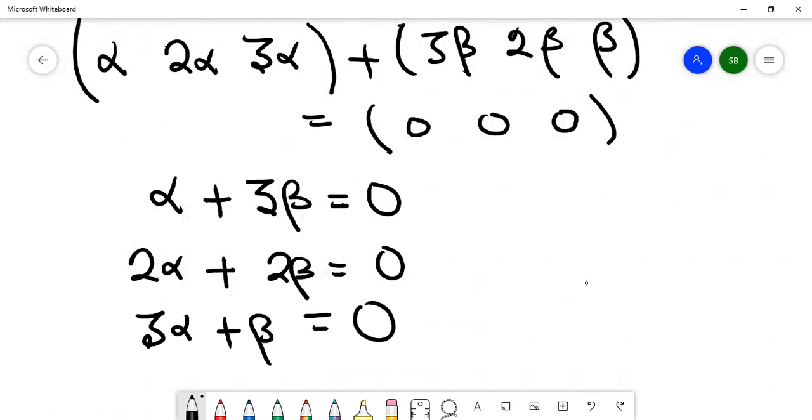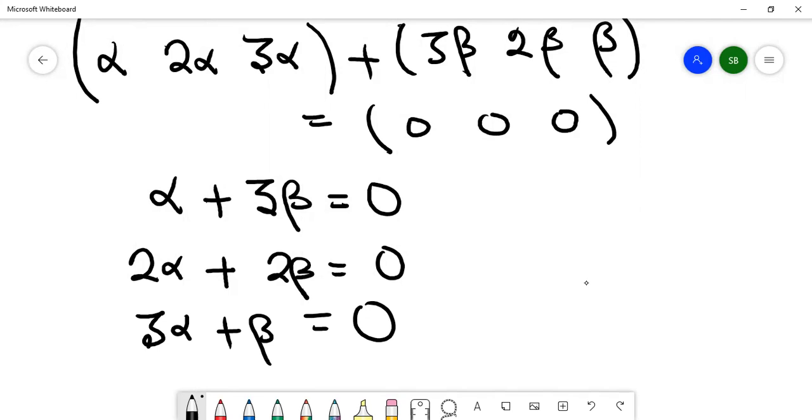Wait a minute. What we are doing really is to see if it is possible that alpha, beta will not be 0. But if alpha is 0 and beta is 0, then that will inform us that the vectors U and V are linearly independent. That is what we are doing.